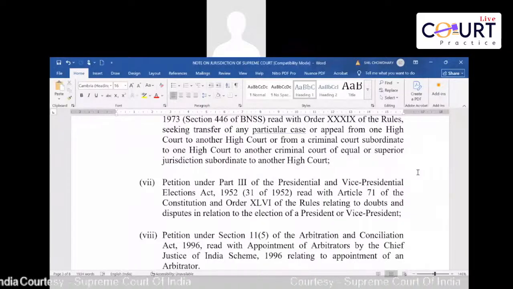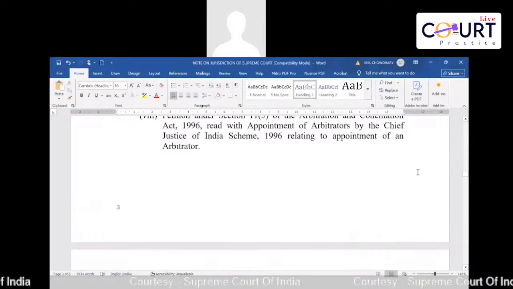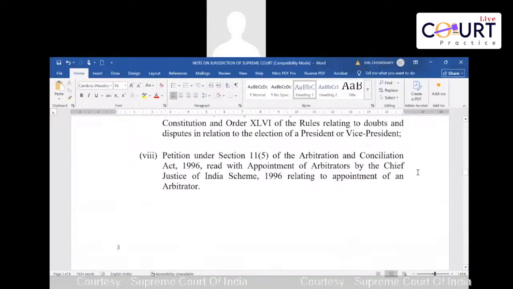Then the original petitions will be filed. Similarly, the last entry in the list of original jurisdiction is a petition under Section 11(5) of the Arbitration and Conciliation Act 1996, read with the Appointment of Arbitrators by the Chief Justice of India Scheme of 1996 relating to appointment of an arbitrator.